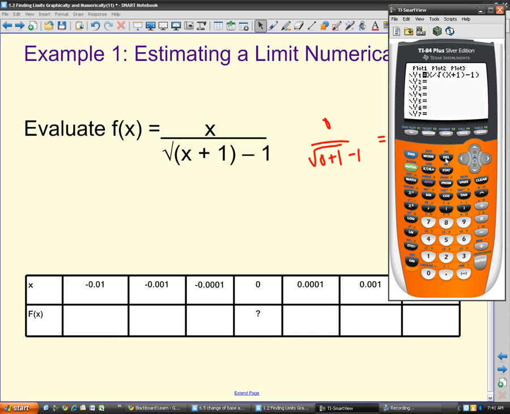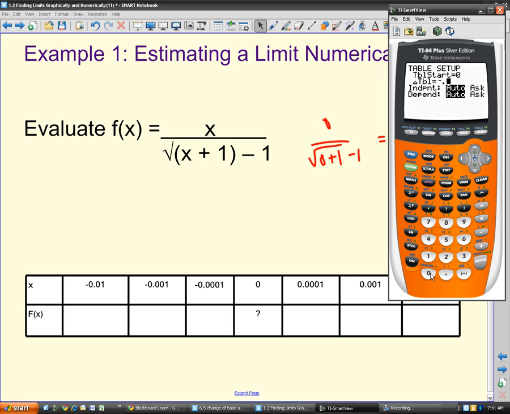So there we go. Now I've got that function, and if I graph it, it looks something like that. That doesn't help me much, but I have to find out what's happening as I approach this 0 value. It looks like there's a number there, but we're going to use the table to help us. So go to your table set, and this time I'm going to start at 0 but count by negative 0.01.